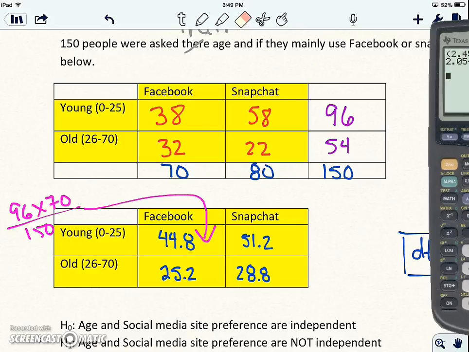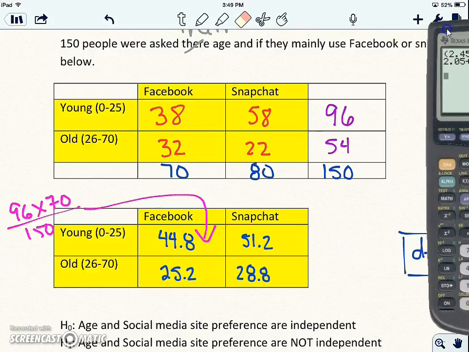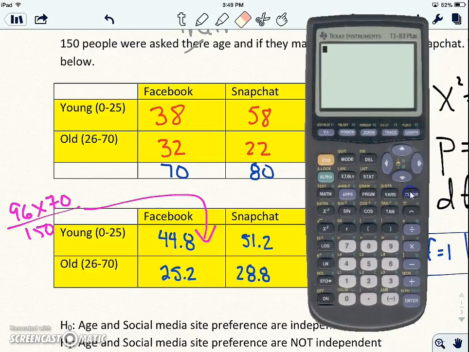Let's go ahead and use a calculator to do that though. So I'm going to go to second matrix, edit, and in matrix A it's 2 by 2. I'm going to put 38, 58, 32, 22. Okay, second quit.